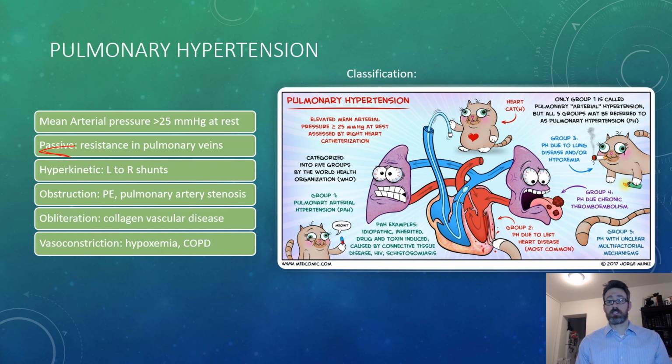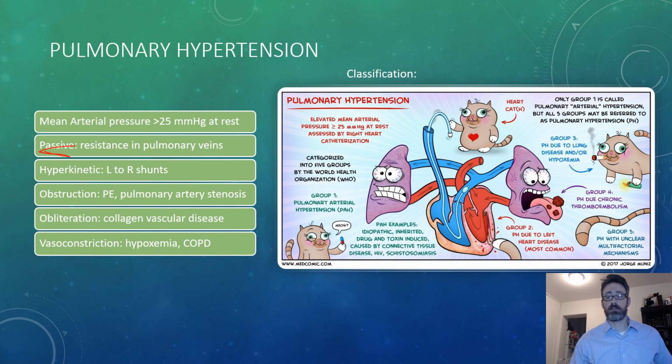Pulmonary artery stenosis. You could have some sort of connective tissue disease as well, which might cause constriction there. Obliteration, collagen and vascular diseases, which cause those connective tissue diseases, cause constrictions, which reduce flows and increase pressures. And then, any kind of vasoconstriction.